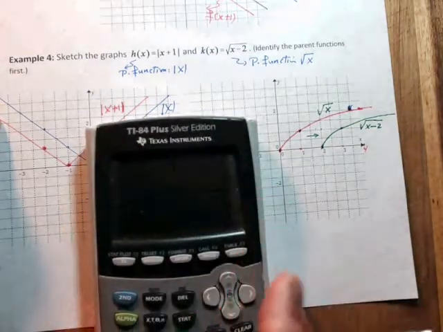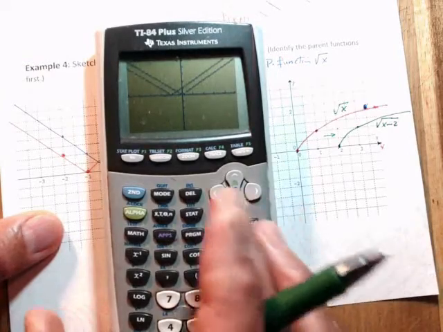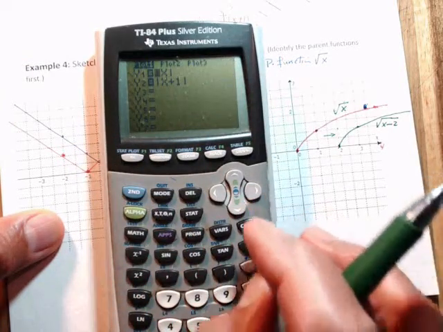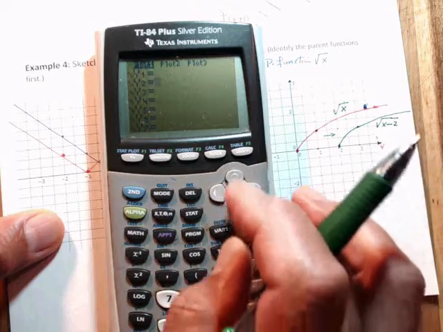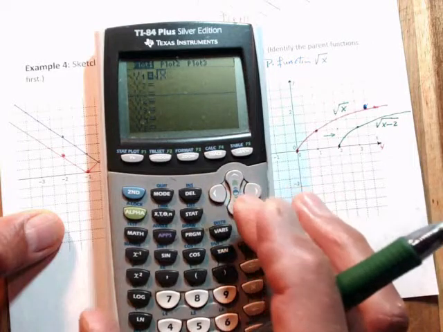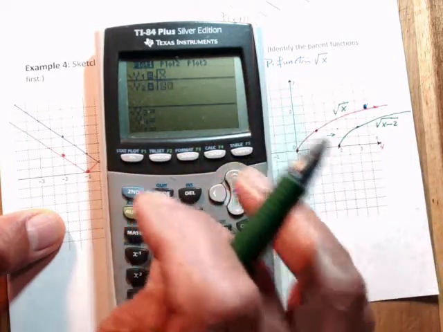Let's see if I get the same behavior on my graphing calculator. Let's say clear, second, square root of x. This is the parent function.